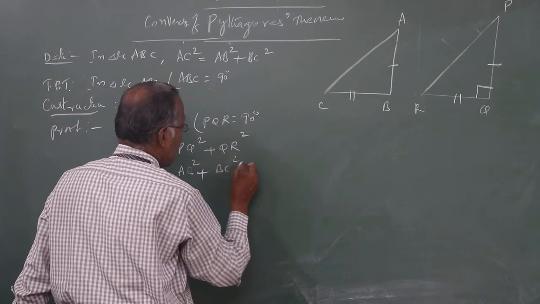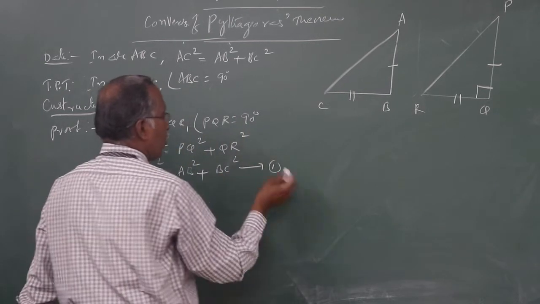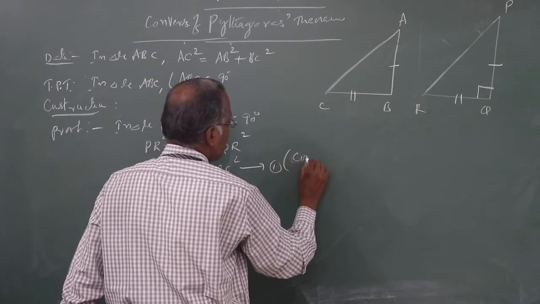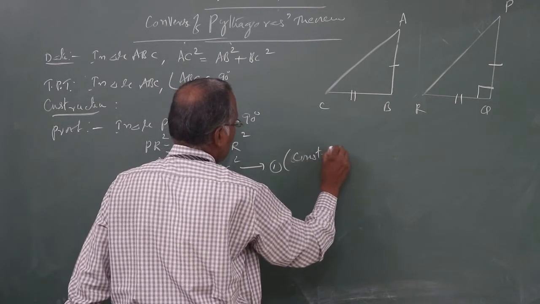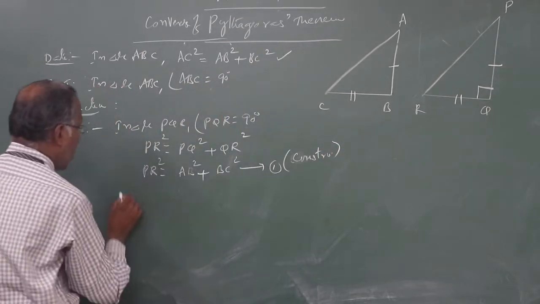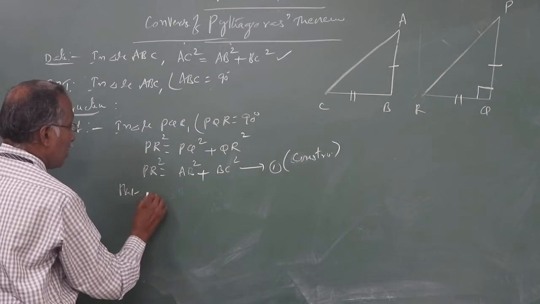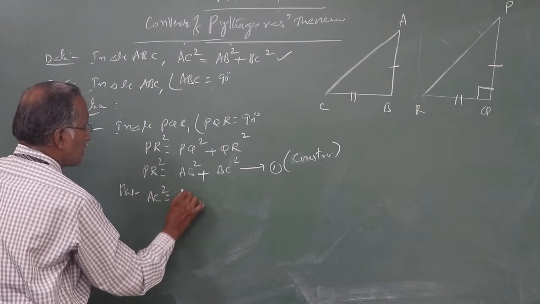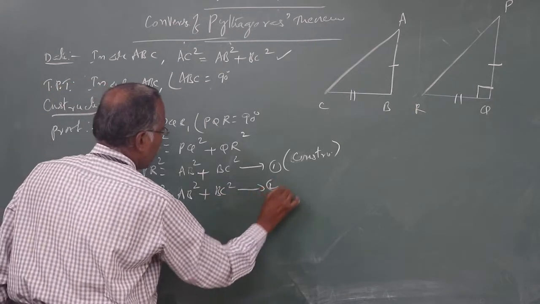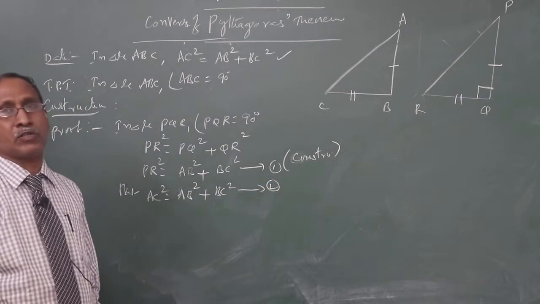Therefore, BC square, equation 1. Because of the construction, we have got these two steps. And from the data, we know that what they have given, AC square is equal to AB square plus BC square, equation 2. Let us compare these two equations.